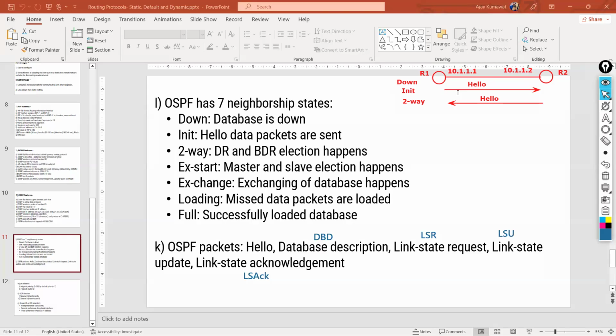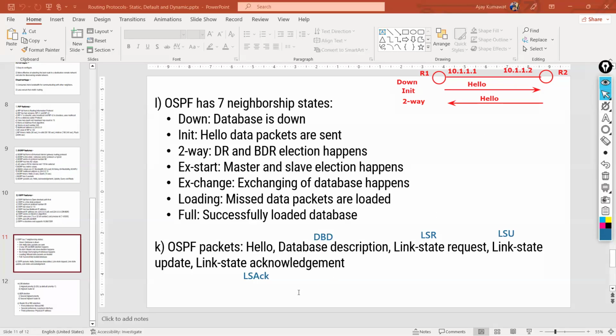But again, R1 and R2 will think, who will share? R1 will share or R2 will share? They don't know who will share. So they will say, for this also, let's have an election: who is going to share the database first?